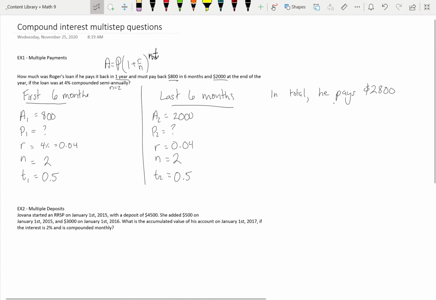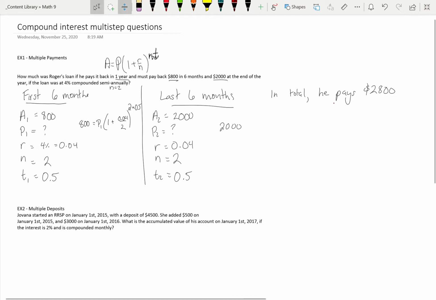So to set this up in my equation, my first one is 800 is equal to P1 times (1 plus 0.04 over 2) to the 2 times 0.5. And you'll notice that this one is very similar.